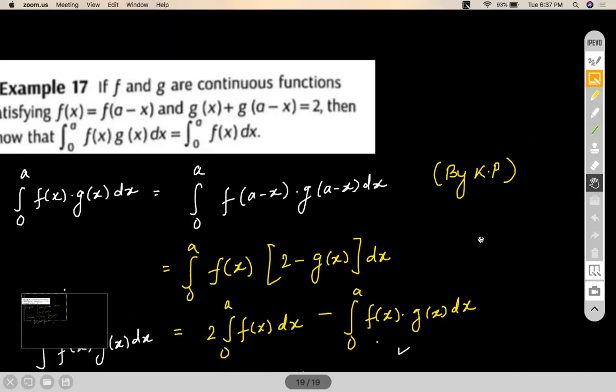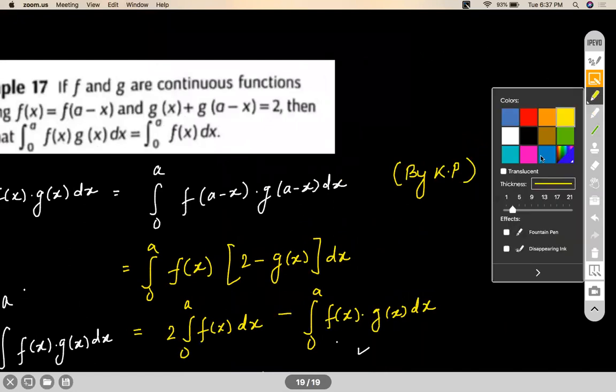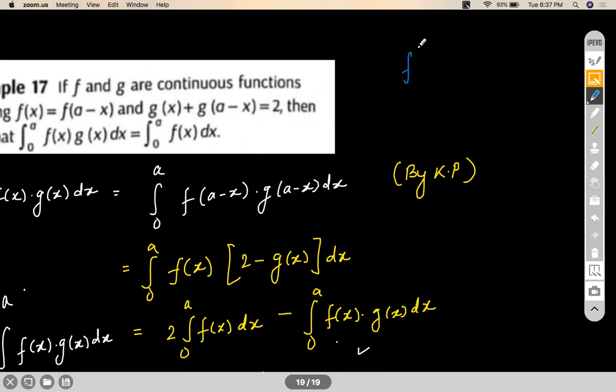Can you repeat your statements once again so that I can also write it? Okay, sir. Let f dash of x be the derivative of f(x). Then integral 0 to a of f dash of x will be equal to integral 0 to a of f dash of a minus x. How did you get this?